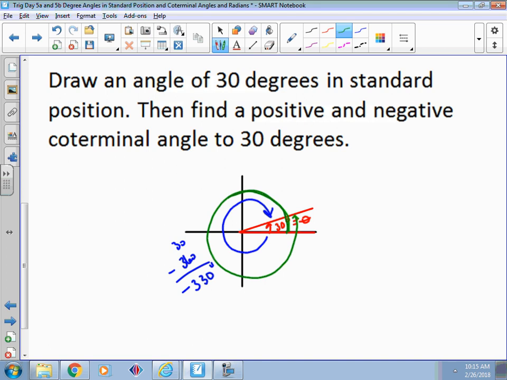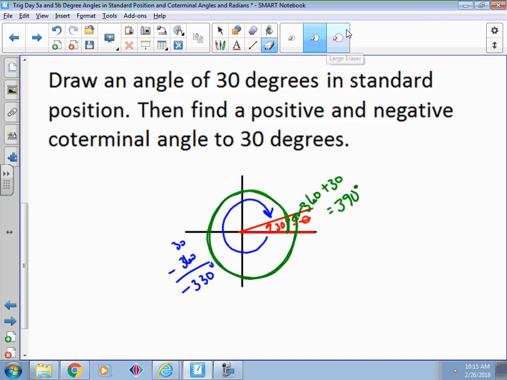It went one whole circle, so that's 360 degrees. And then how much did I go past that? I went an additional 30 degrees past that. So that angle measure would have to be 360 degrees plus an additional 30 degrees for that reference angle, or a total of 390 degrees. So that's my positive coterminal angle to 30 degrees, and then negative 330 degrees is my negative coterminal angle.